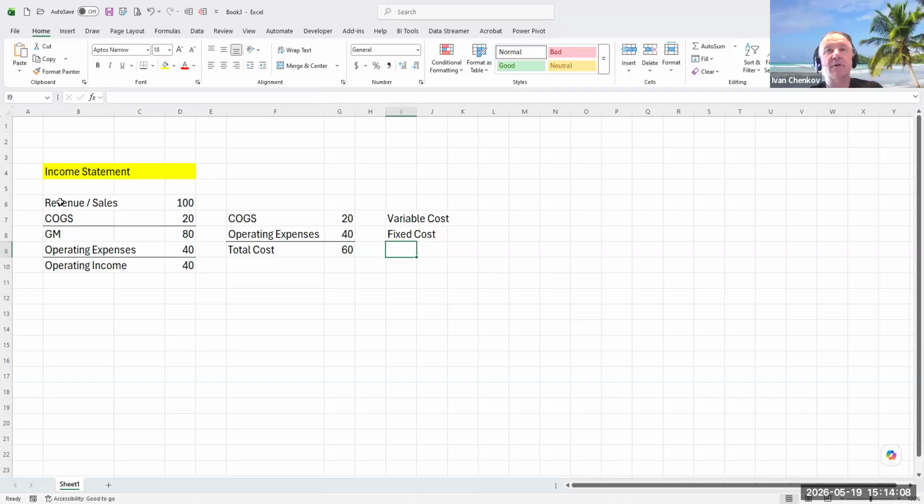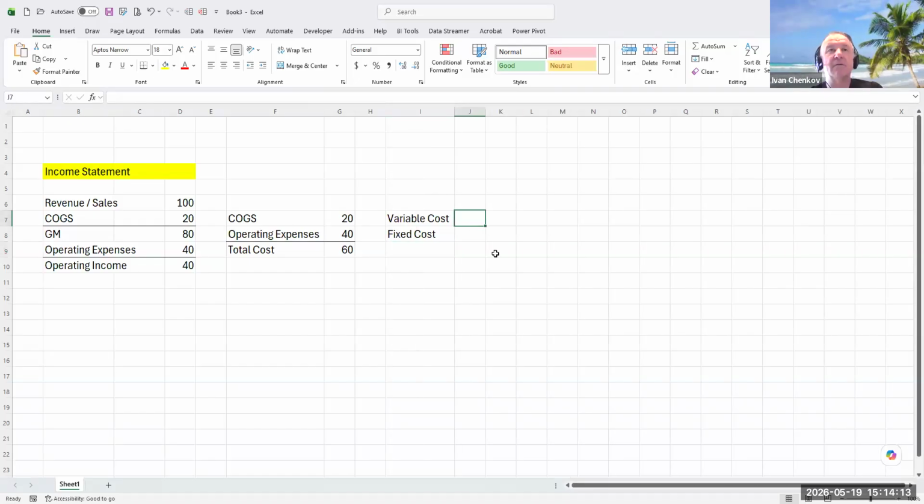Revenue cannot change because revenue is revenue. So once we do that, we may find out that, let's say, our variable cost is 40 and our fixed cost is 20. We may find that too.